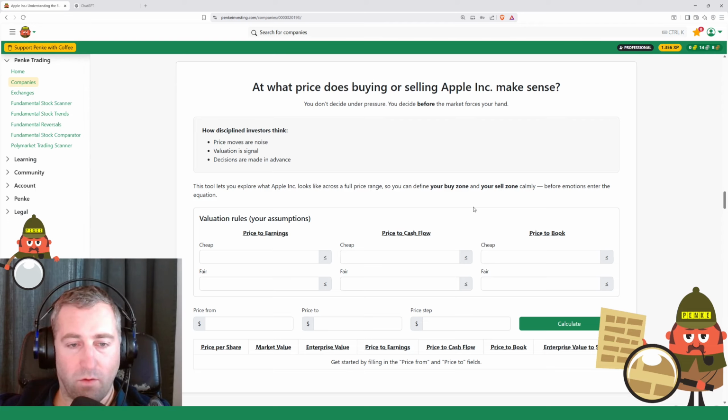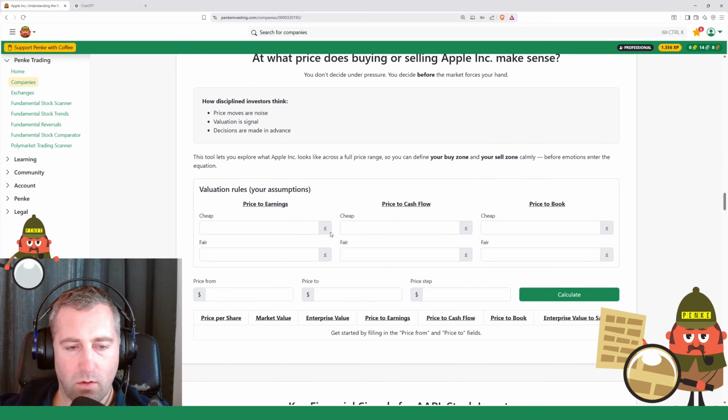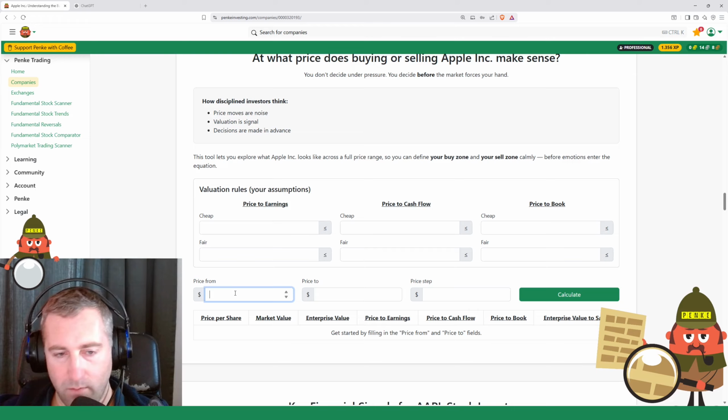The three ratios I have in this tool are the price to earnings ratio, price to cash flow ratio, and the price to book ratio. Based on those ratios, you can determine what is a good price based on the earnings, cash flow, or the book value. So, what we first are going to do, we are going to fill in this form.